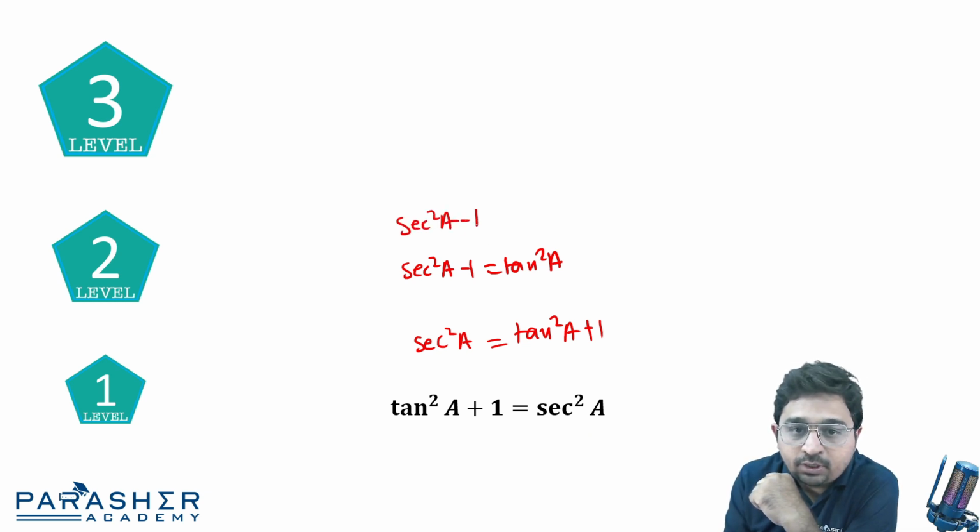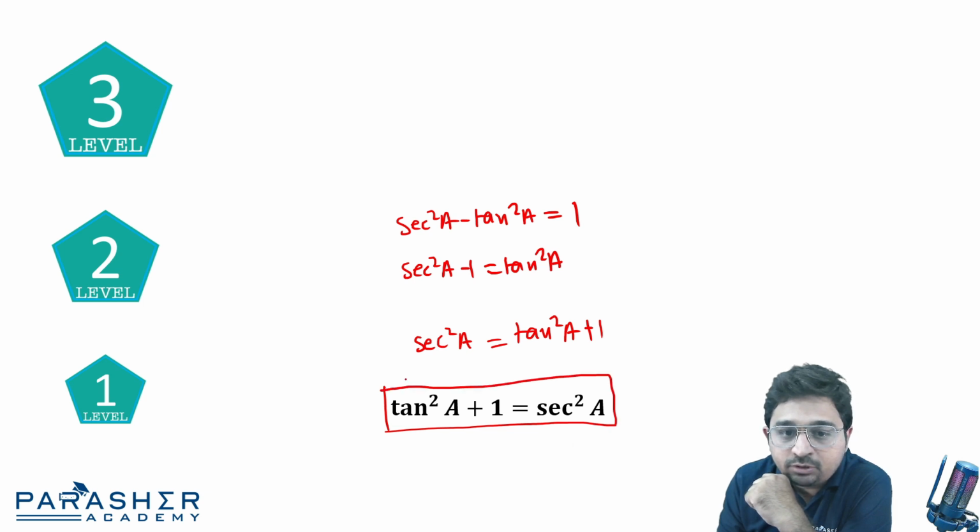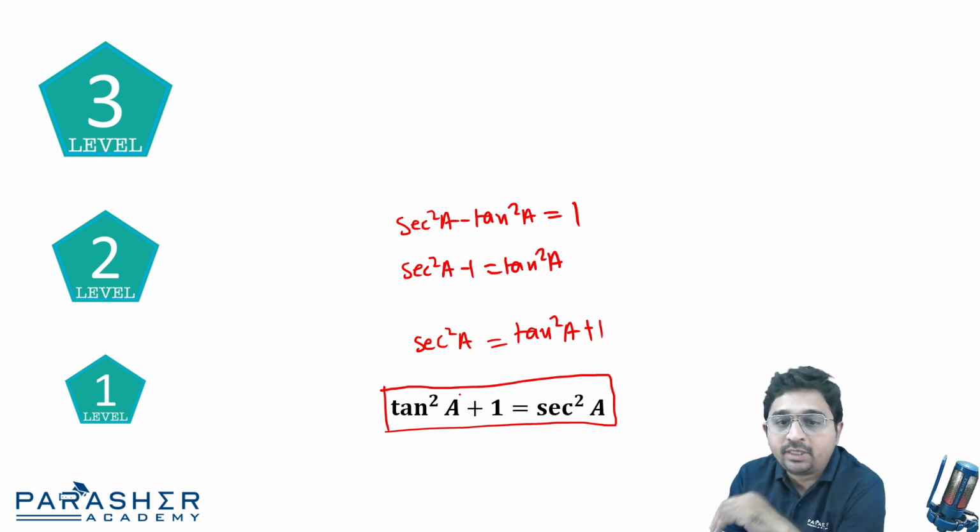Secant square A minus tan square A equal to 1. So to reiterate, memorizing this and saying I have learned this concept is not enough. You need to upgrade it to level 2, where you are aware that secant square A minus 1 can be written as tan square A, and secant square A minus tan square A is equal to 1.